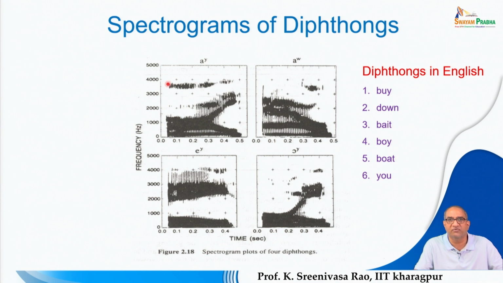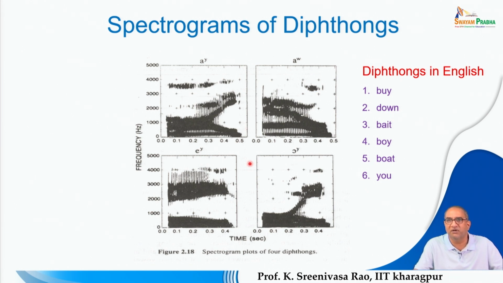Here you can see this spectrogram corresponds to the diphthong I, this one to the diphthong ow, this one to A, and this one to E, I. These are the different diphthongs.